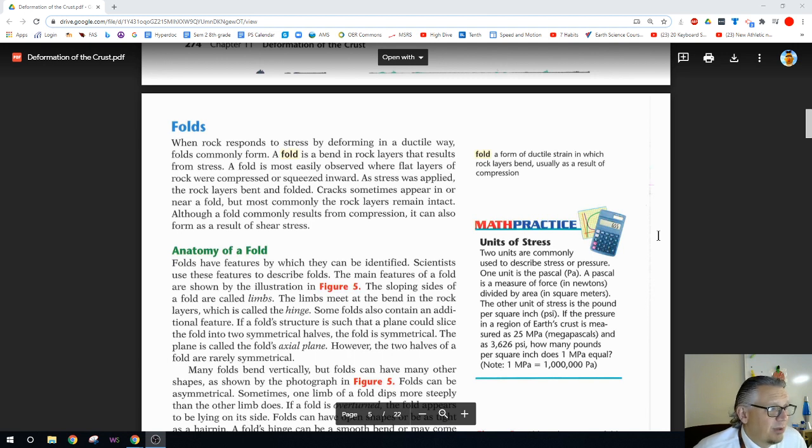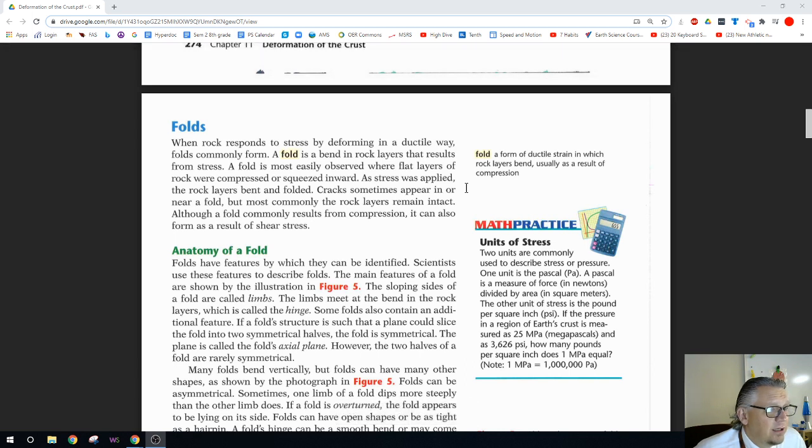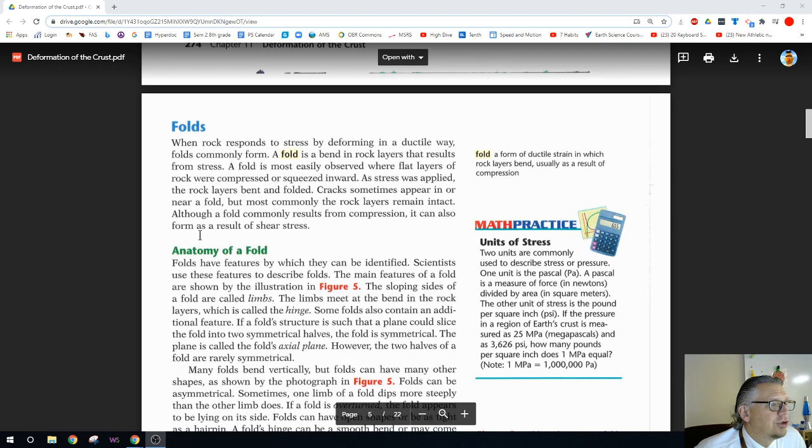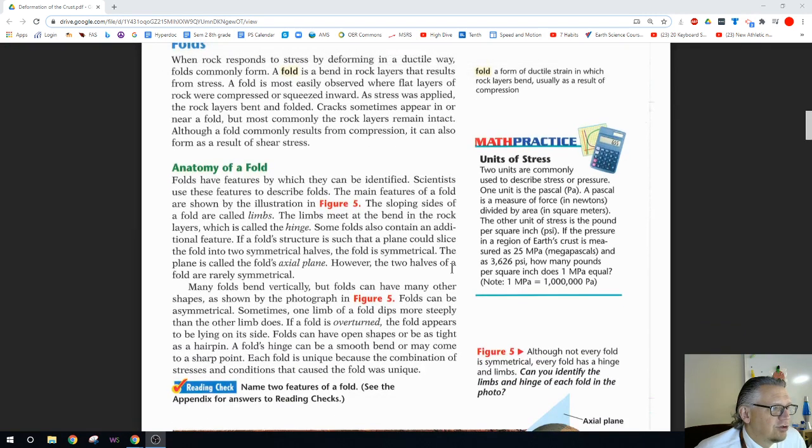As stress is applied, the rock layers bend and fold. Cracks may appear in or near a fold, but most commonly the rock layers remain intact. Although folds commonly result from compression, they can also form as a result of shear stress.